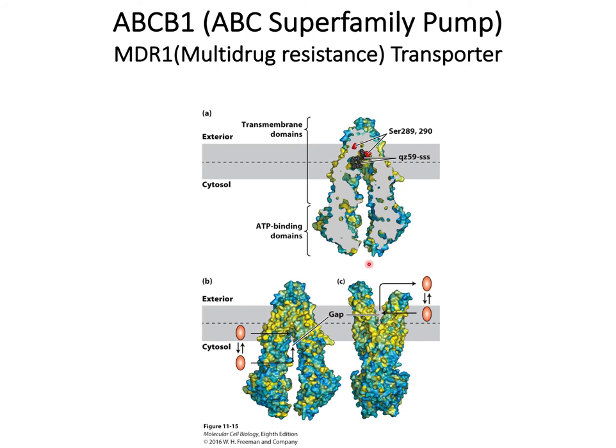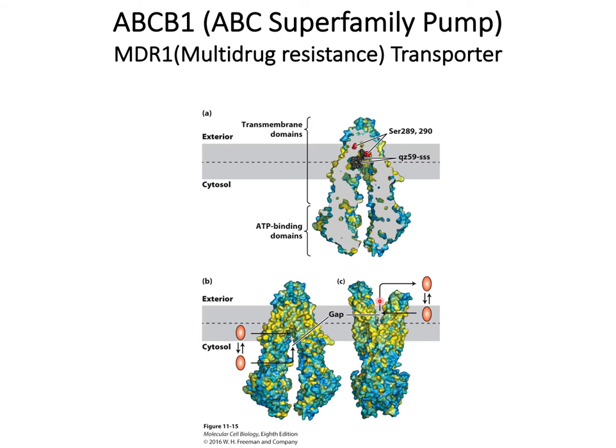An important point about this ABCB1 transporter is that serine 289 and 290 affect the ligand specificity of the transporter, shown here in red. As we mentioned, it is a multi-drug transporter, and many different hydrophobic and hydrophilic molecules can bind in the pocket.